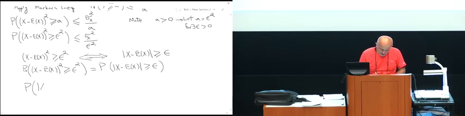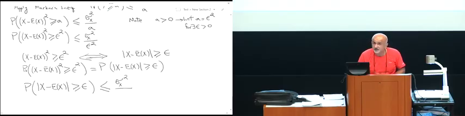that the probability that x deviates from its mean by more than a certain amount is less than or equal to sigma x squared over what? This is where you've got to be careful. I wrote equivalences on the left-hand side. Did I touch anything on the right side of the inequality?